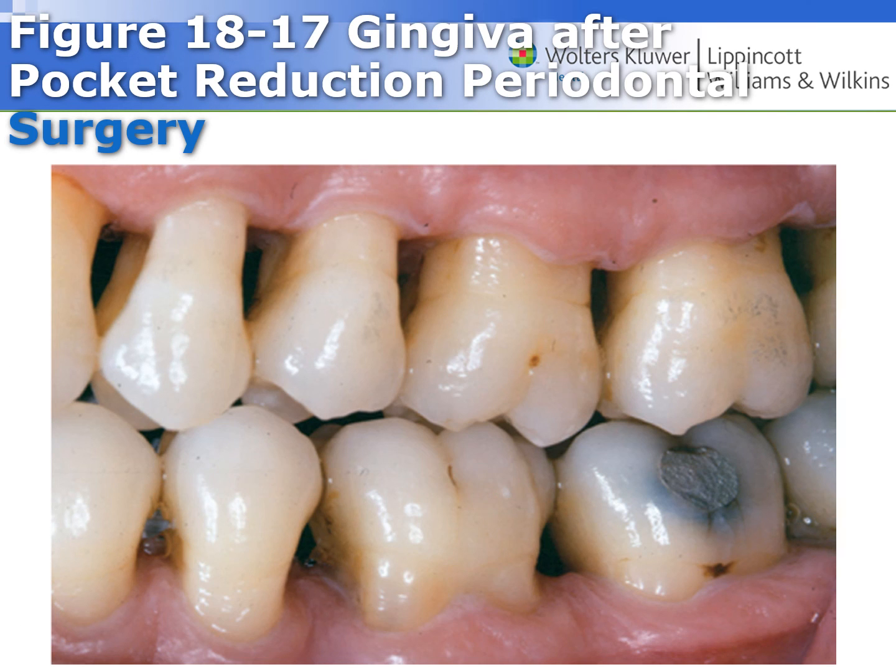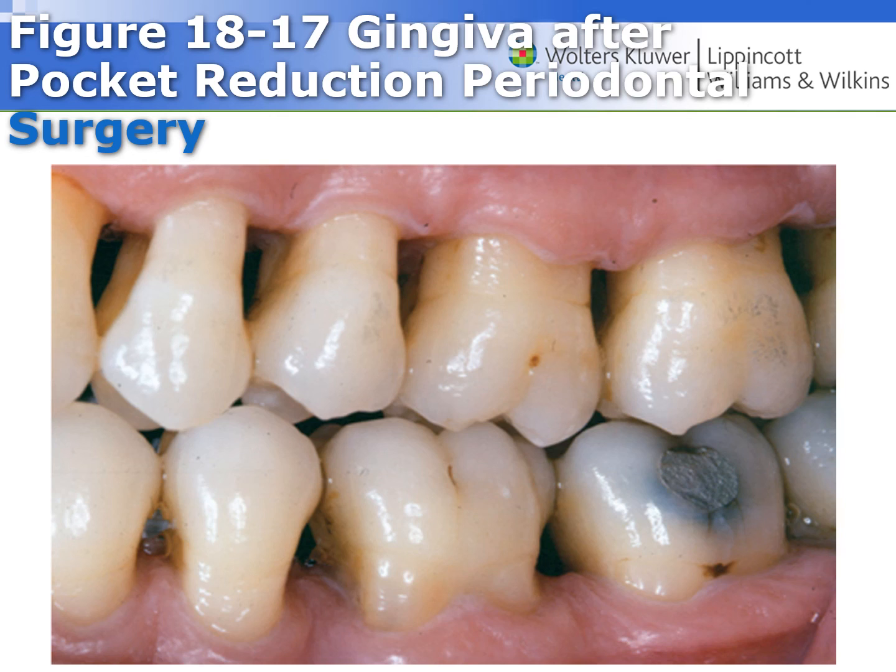This is what the gingiva looks like after pocket reduction. This person obviously was having a lot of issues, and look how much bone they've lost. They may not have had that much recession, actually, I'll take that back. We don't know what it looked like prior.